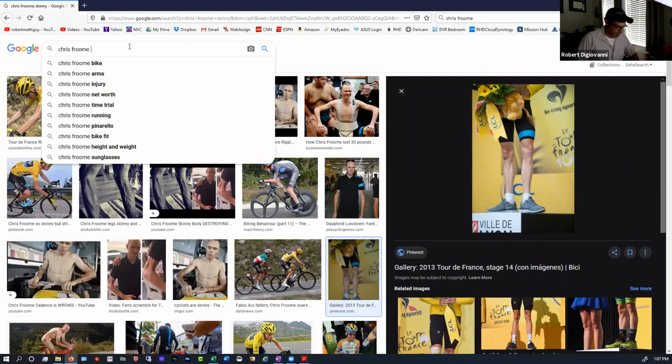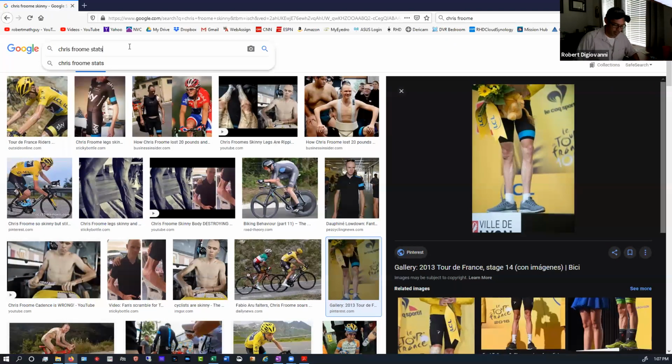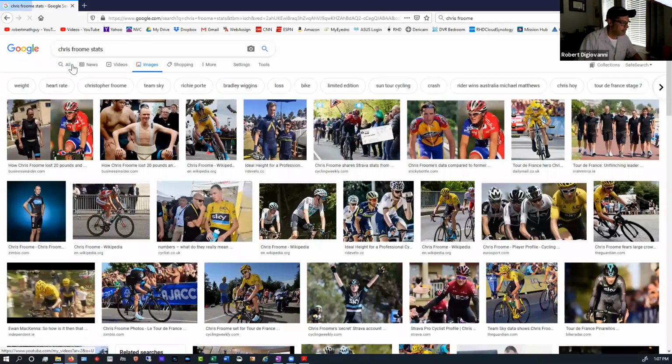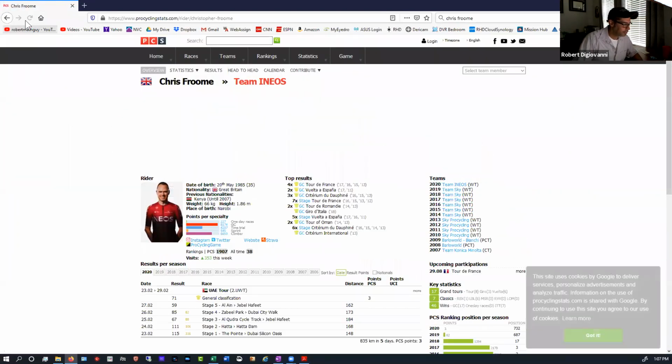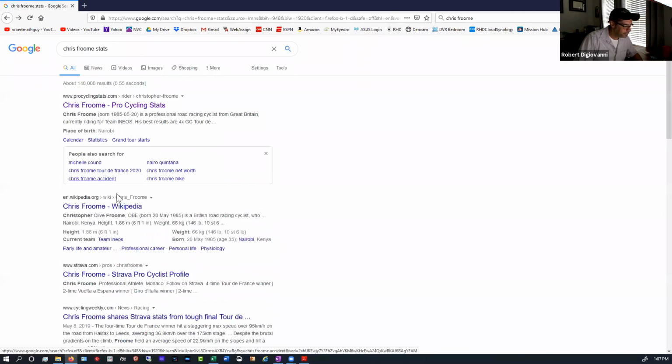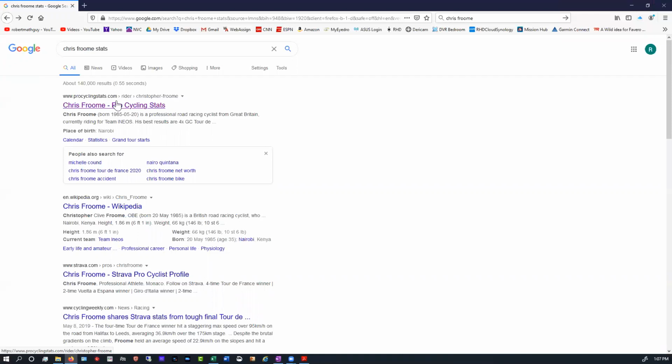Chris Froome, stats. Let's see how much he weighs. Oh, wait, I just saw it there. So he's 6'1", right? He weighs 146 pounds. That's crazy.